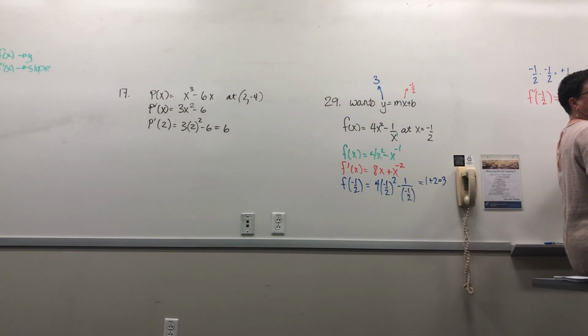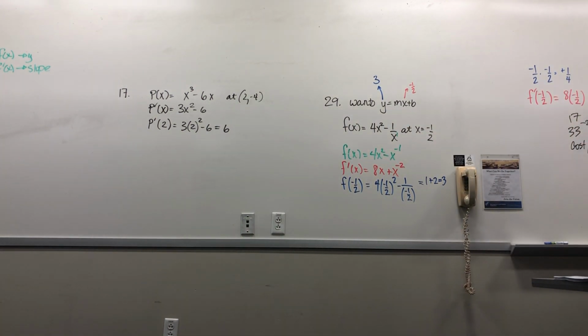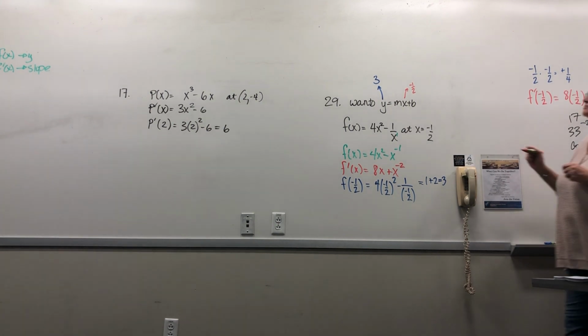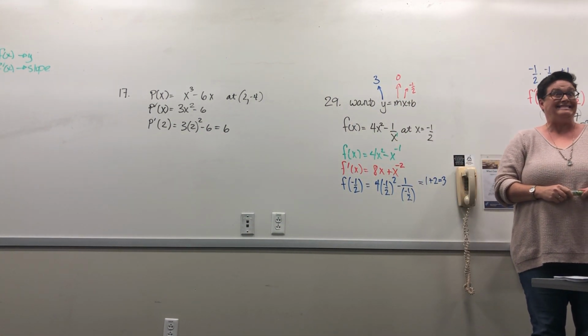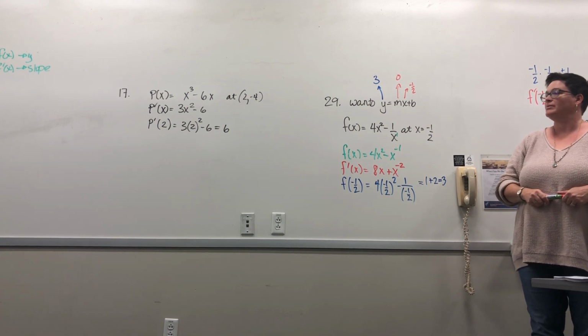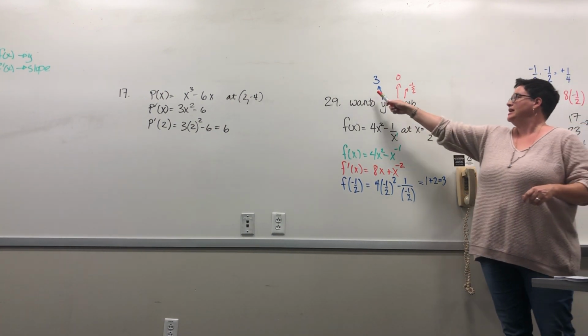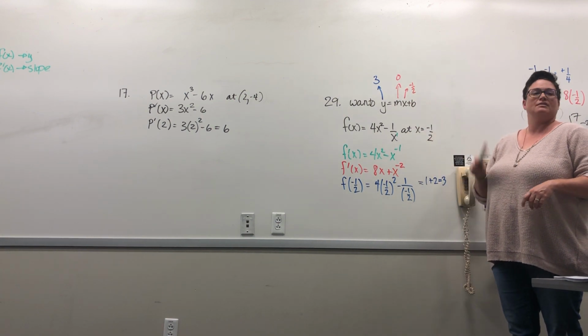Positive 2. And what stays behind on top? A 1. So now I'm just plugging in negative 1/2 for x, which is going to be a positive 1/4. And when I invert that, this is going to become 4. So what I get here is negative 4 plus 4 equals 0. My slope is 0. So what's b by default? 3 equals 0 times negative 1/2 plus b. What does b equal?